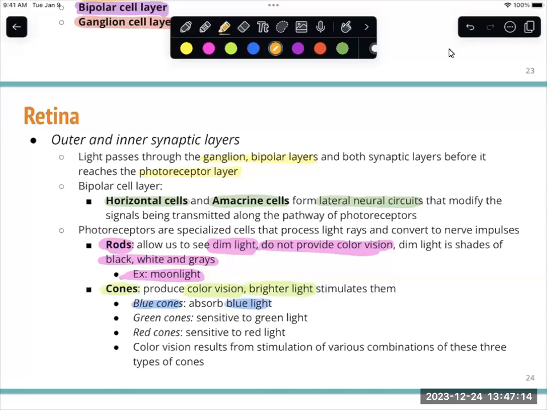We have green cones for green light. Then we also have red cones that pick up red light. Everything that we see that is outside of this blue, green, or red are combinations. There are all these different combinations that allow us to see these different colors.